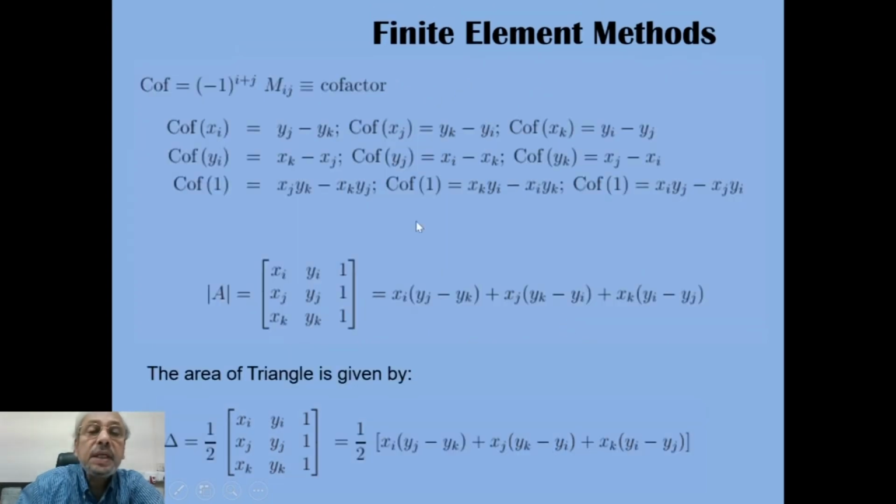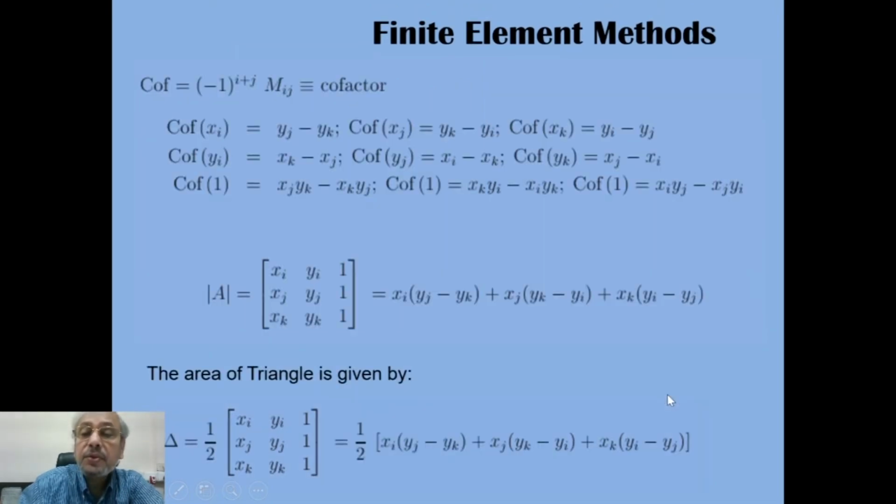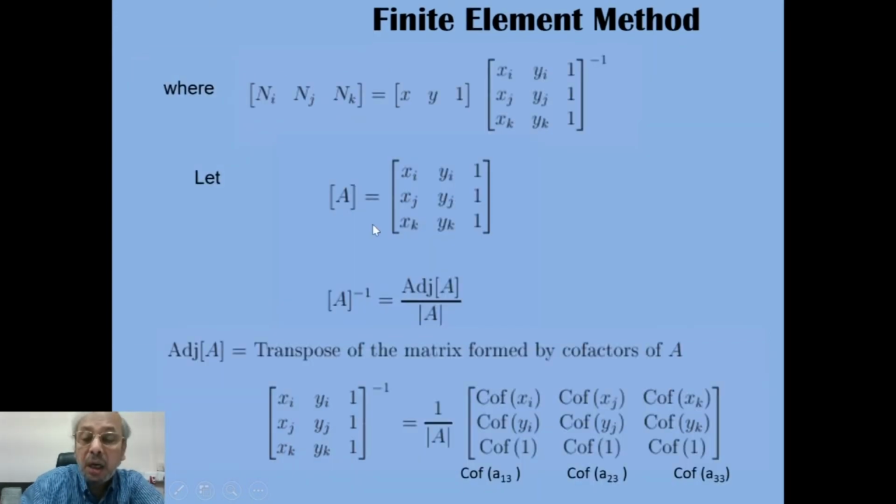So we will write yj minus yk, and the minor will have no sign change because the first element will have a positive sign. Similarly, we will find the second term in the first row, the third term in the first row, and all the cofactors of the first row, all the cofactors of the second row, and all the values of the cofactors at the third row.